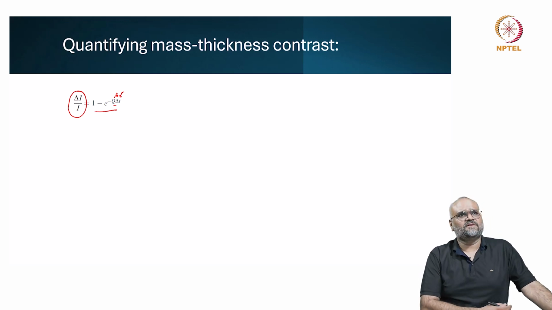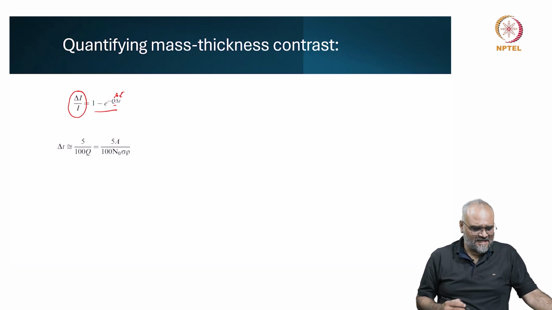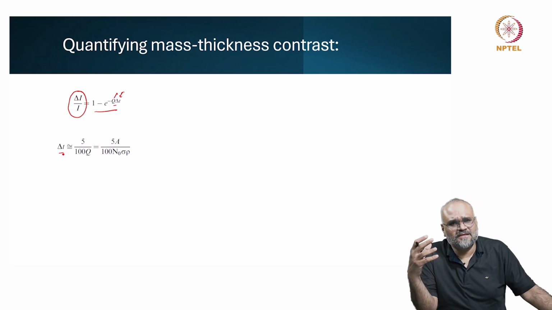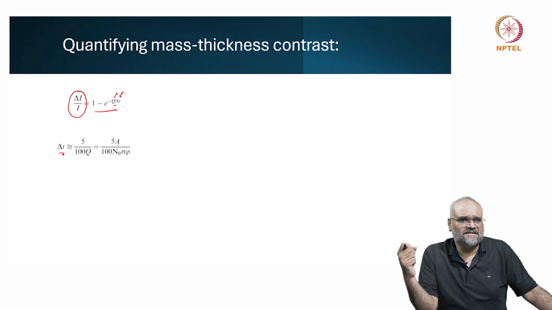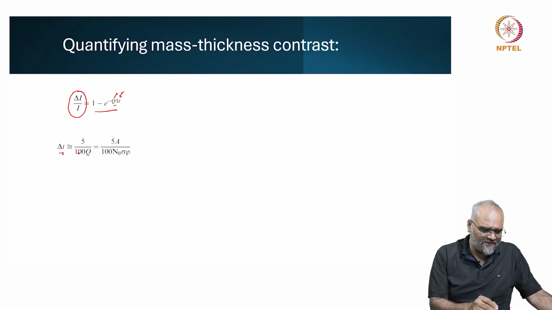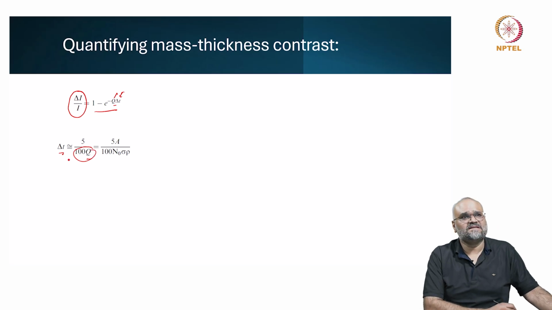Suppose I have a bright field image and I say, as a consequence of variation in thickness, I have a drop of 5% of the intensity. I can write this as some random number, 5 over 100, times q. Suppose this is the maximum intensity.